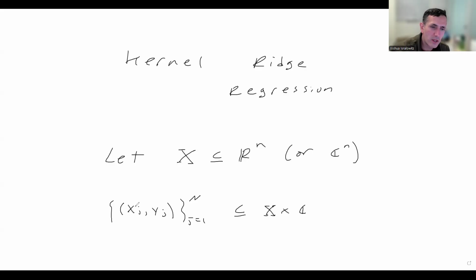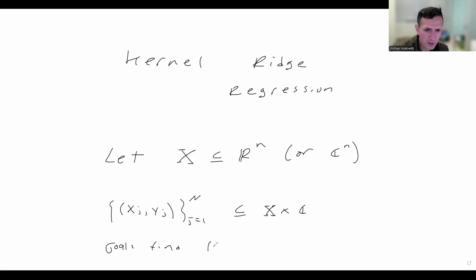In practice, it will be R. So y_j could be the height of a person. It could be spam, no spam. It could be a million different things. x_j is just the data that we're given. And the goal, just the general regression goal, is to find a function fitting the data.